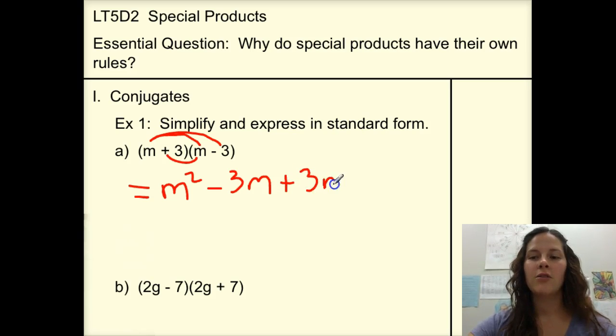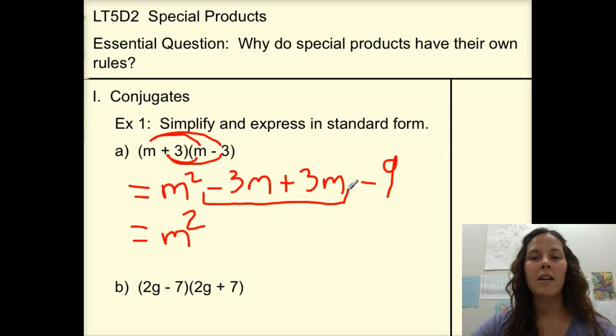And finally, distributing our positive 3 to our negative 3, we have negative 9. We also have like terms on this one. So combining our like terms, first of all, we have our m squared, and then negative 3m plus 3m cancel because they're opposites, so we're left with the minus 9.